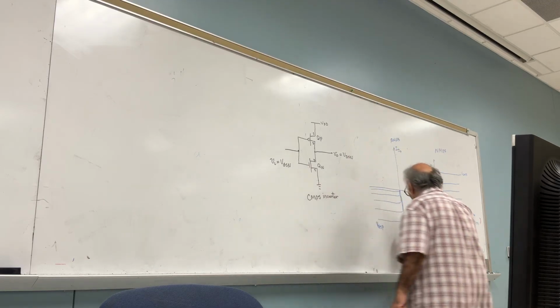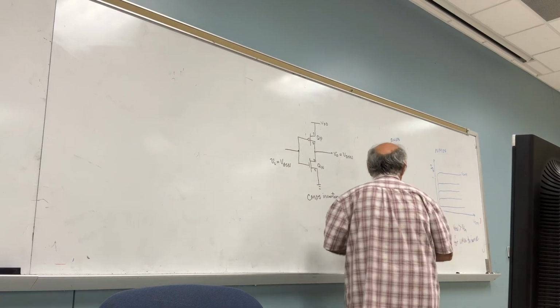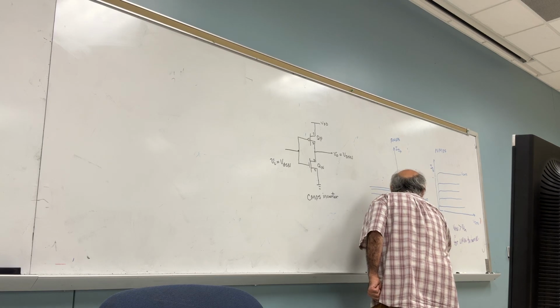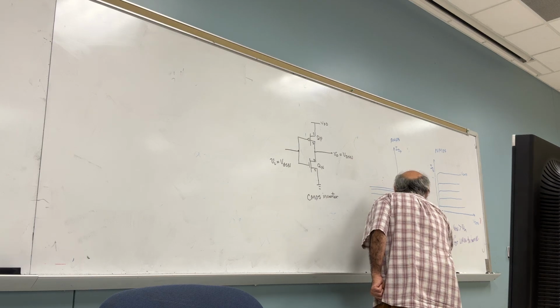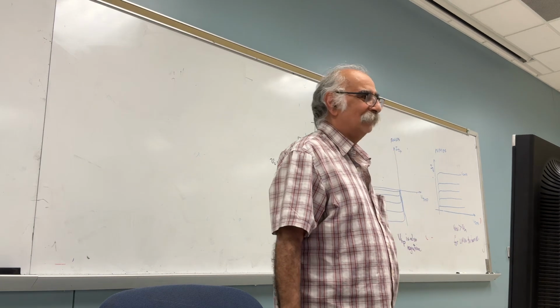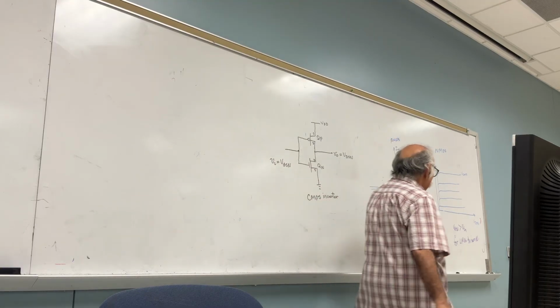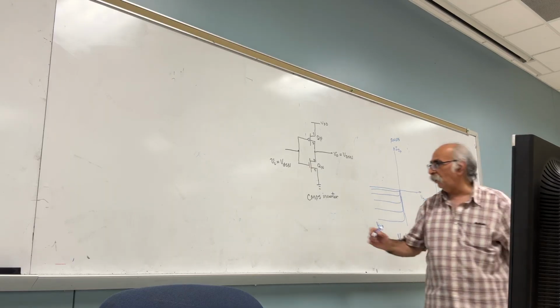And VTP is also negative. Clear so far? What is the condition for the PMOS to be on? Exactly similar to this one, but with absolute value. So what do I say?